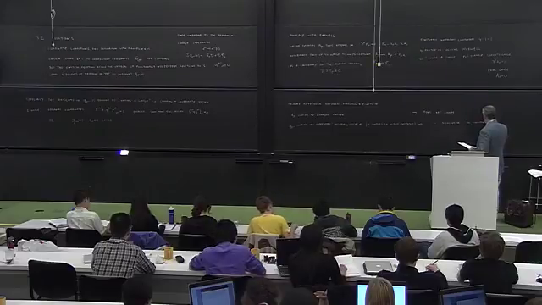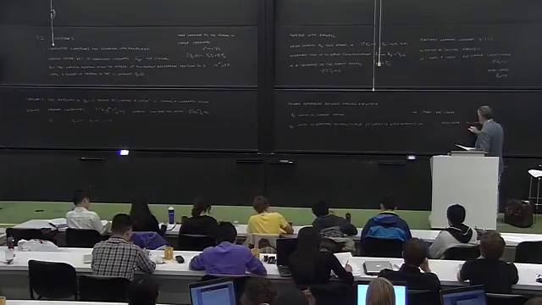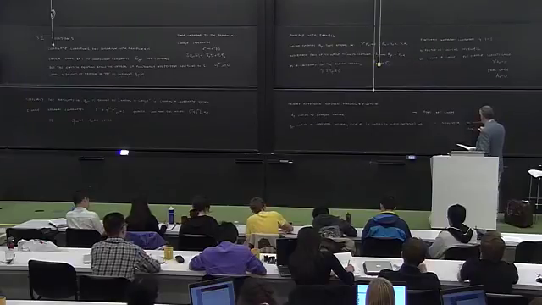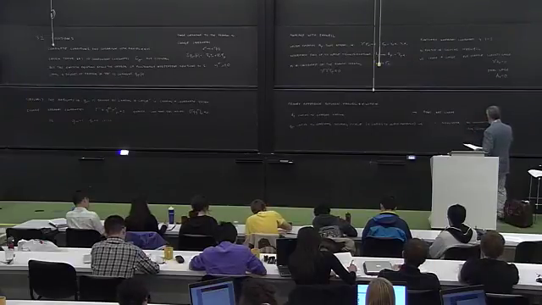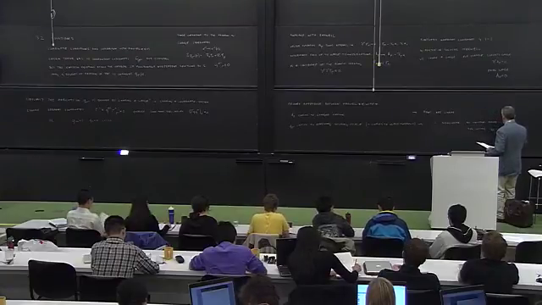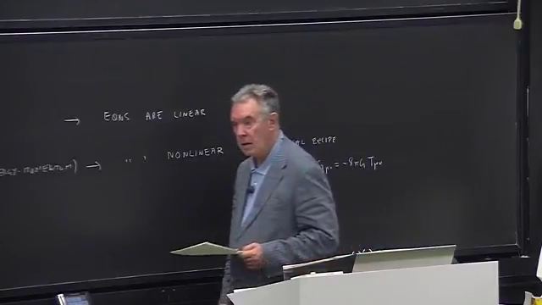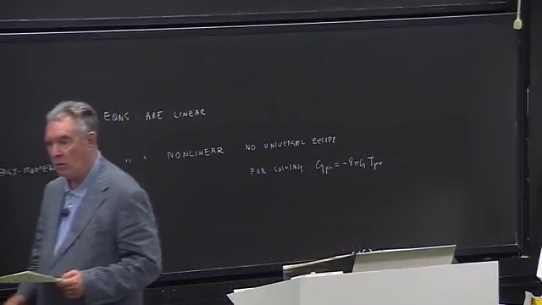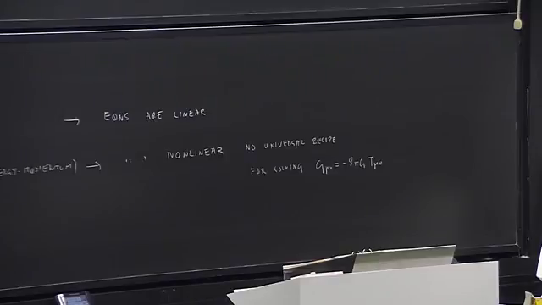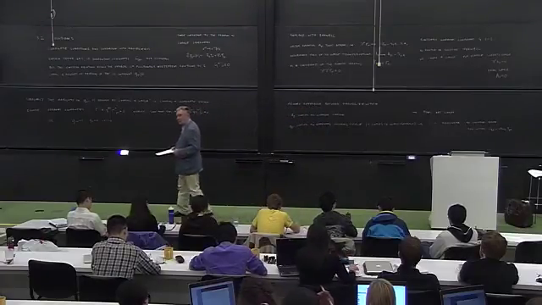And there's no universal recipe for solving Einstein's equations. You won't find a book with the most general solution of Einstein's equations in it because we don't know what it is.